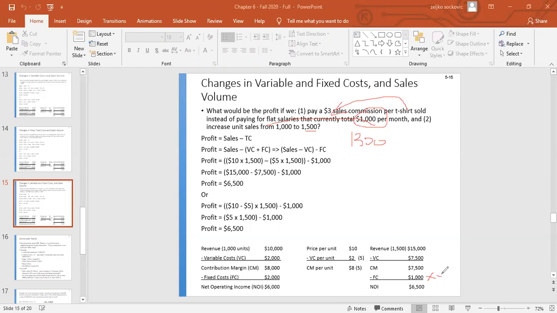Well, we will cut $1,000 here, but our variable cost will definitely increase, right? For how much? Well, for $3 for each unit. So that's expressed here. So now our variable costs are not 2 anymore, but are 5. 2 plus 3. Okay. So going through these examples, important.